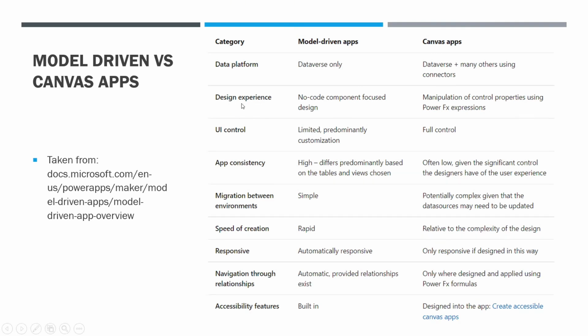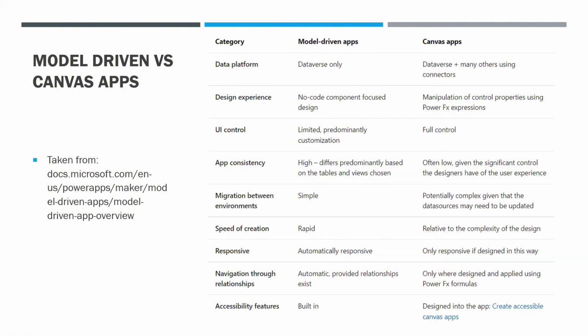Okay. Design experience of model-driven app is you don't have to write any code, whereas Canvas app uses a scripting language which is called PowerFX. So you use those expressions and manipulate your control properties. In model-driven app, you have limited UI control. In Canvas app, you have full control in terms of the look and feel.